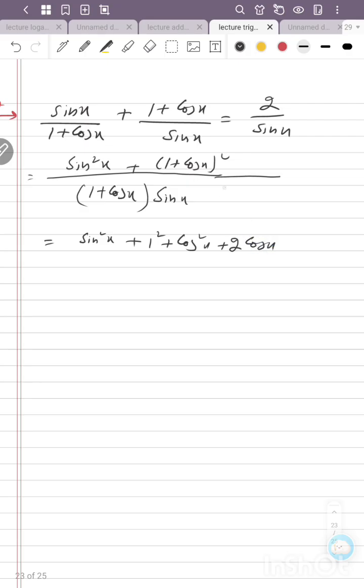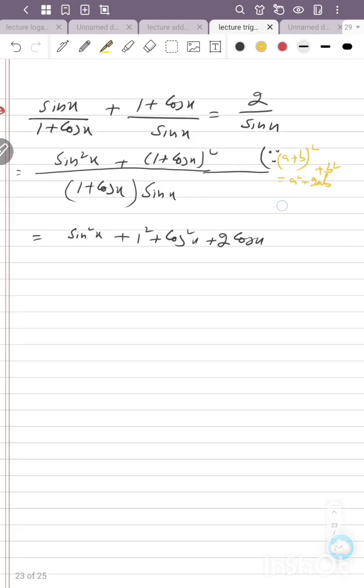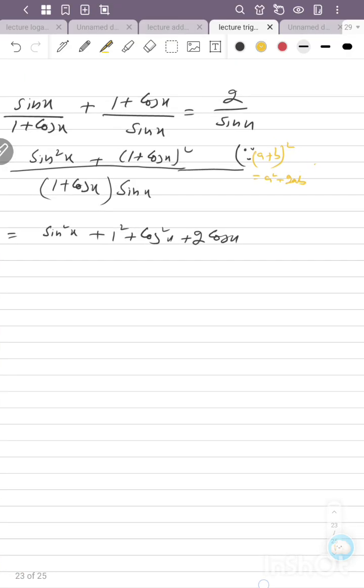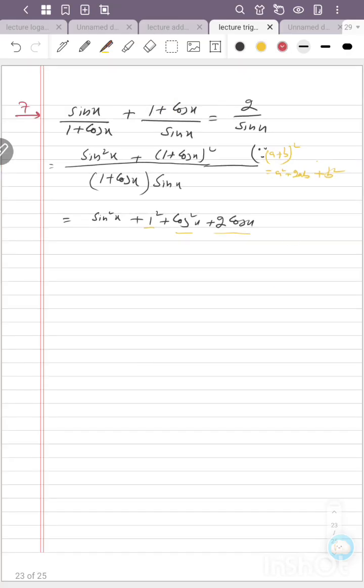We have to open it using the formula: a plus b whole square equals a square plus 2ab plus b square. This is our a, this is our b square, then 2ab, we get this answer. Okay, hopefully you have understood this one.